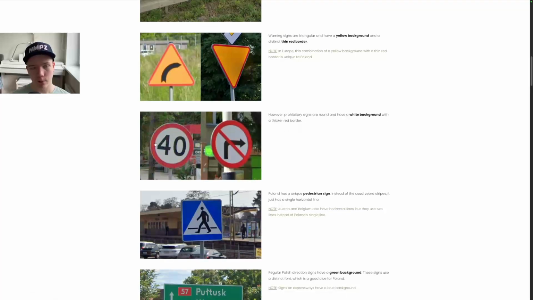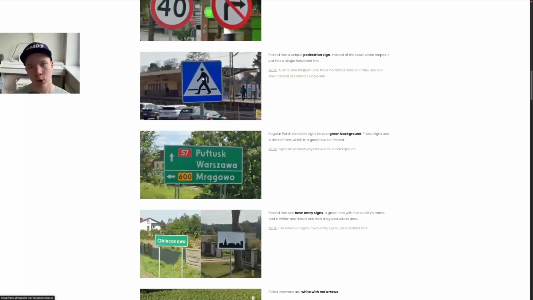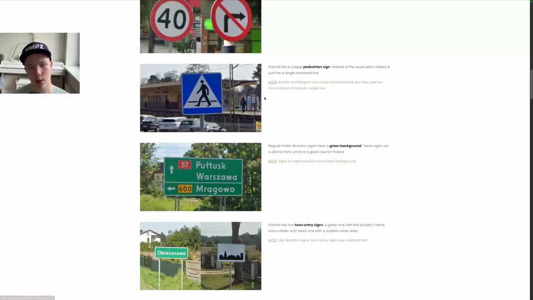These kind of signs as well with this red border, so I guess it looks kind of similar to the Latvian one. Pedestrian sign, really unique. You don't see that anywhere else, I don't think. Well, not exactly the same one at least. This horizontal line here, single horizontal line.